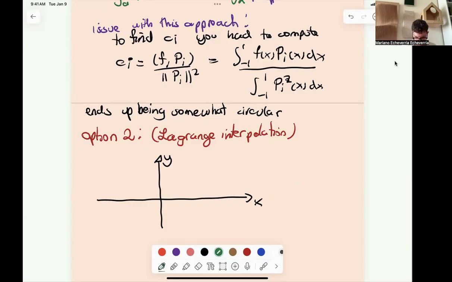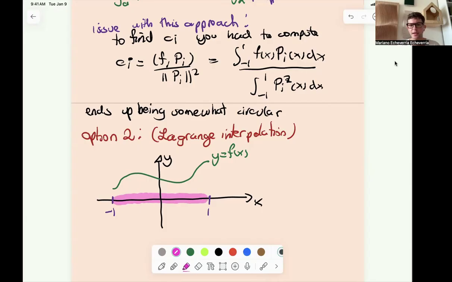So maybe this is the graph of the function from -1 to 1. Again, everything is being worked out here from -1 to 1. So here you have the interval from -1 to 1. Okay, and the idea is that I'll choose, well, I have to choose n+1 points.